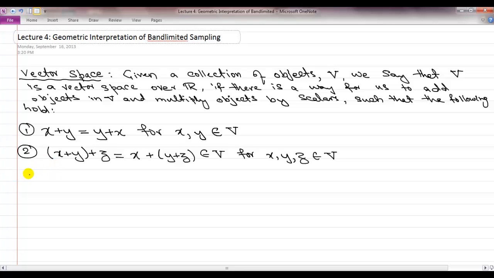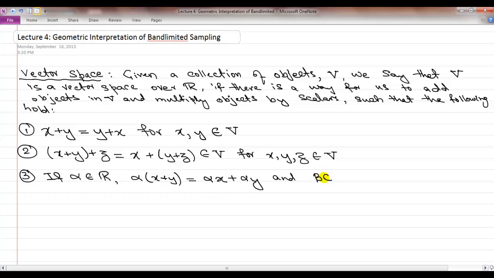The last property is that of distributivity, which is that if alpha is a scalar, then alpha times (x plus y) is simply equal to alpha x plus alpha y. And if beta is a scalar too, then (alpha plus beta) times x is simply equal to alpha x plus beta x.